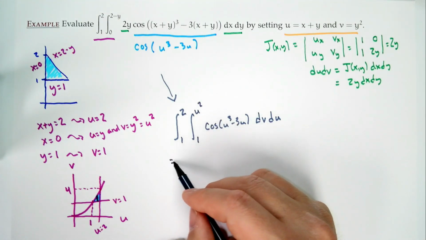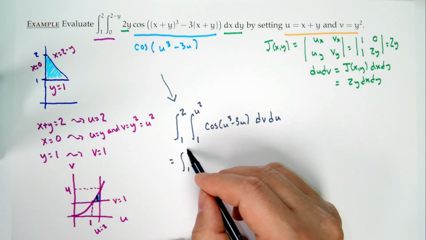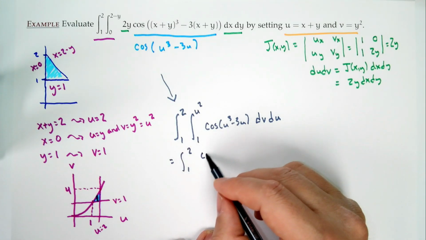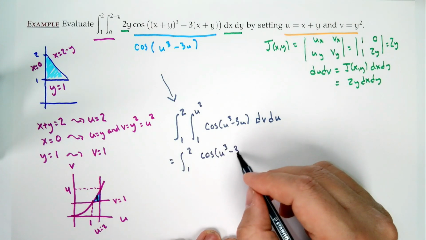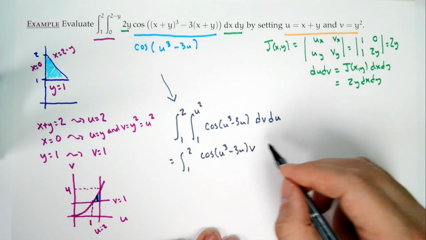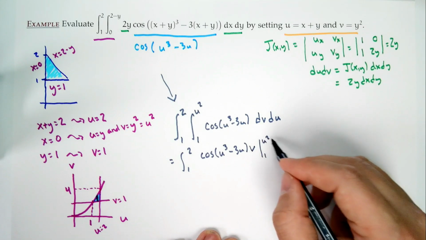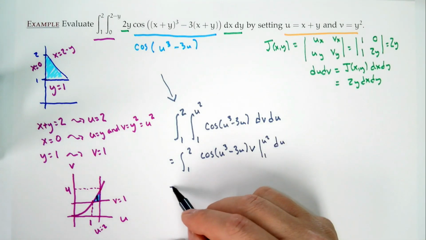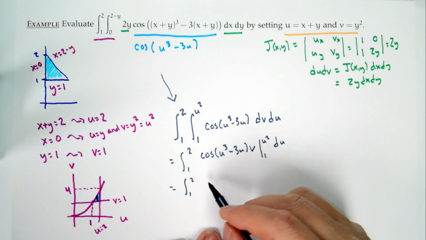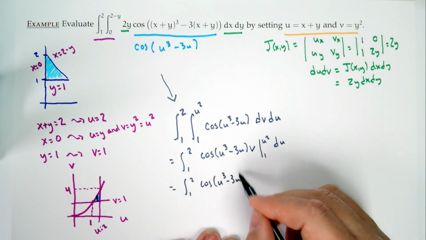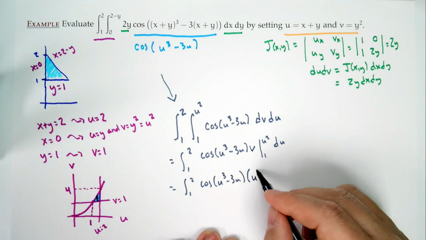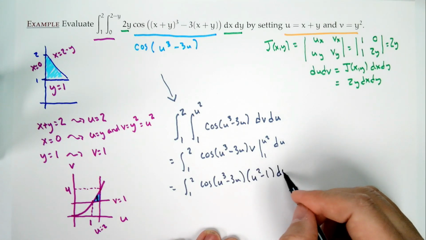So we're now ready to go. Because the nice thing is, this is an easy integral to do on the first layer. Cosine of u cubed minus 3u times v, evaluated from 1 to u squared, du, which is the integral from 1 to 2 of cosine of u cubed minus 3u times the quantity u squared minus 1 du.